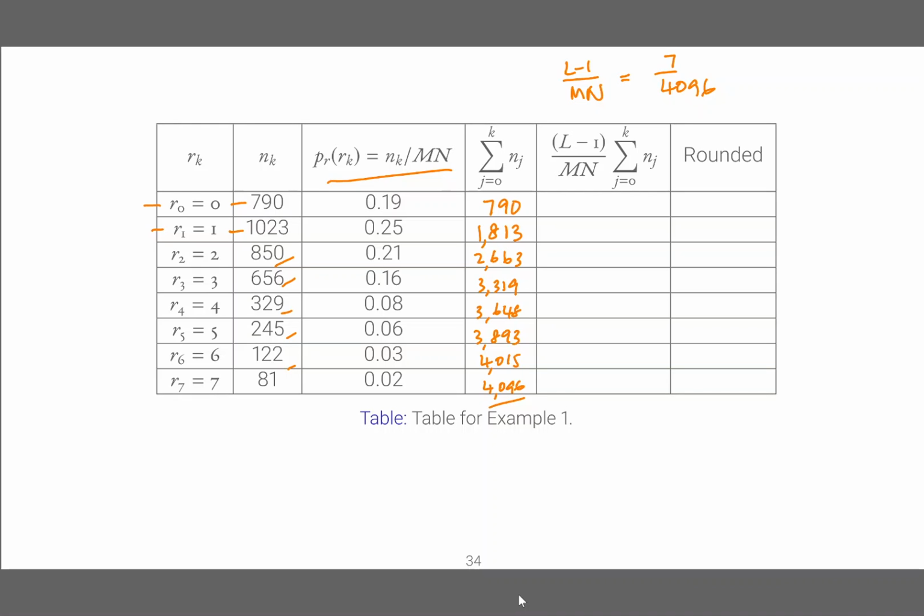So 7 divided by 4096 would be 0.00171. So with this number you have to multiply these things.